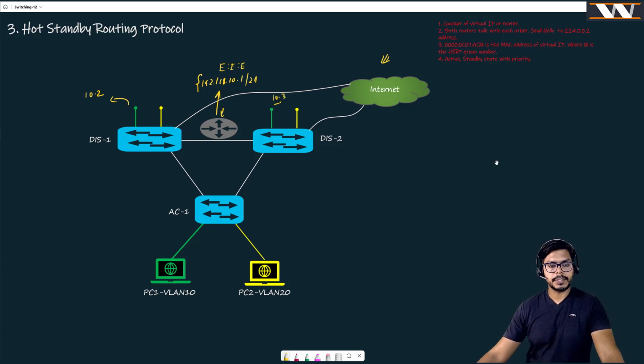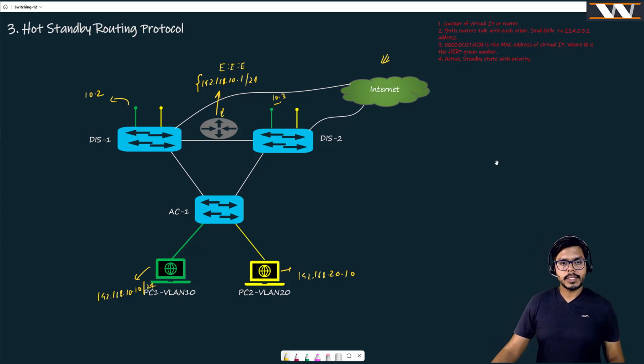As simple as that. This PC has IP address 192.168.10.10, and this PC has IP address 192.168.20.10, and of course /24. Now, one thing which is really interesting.